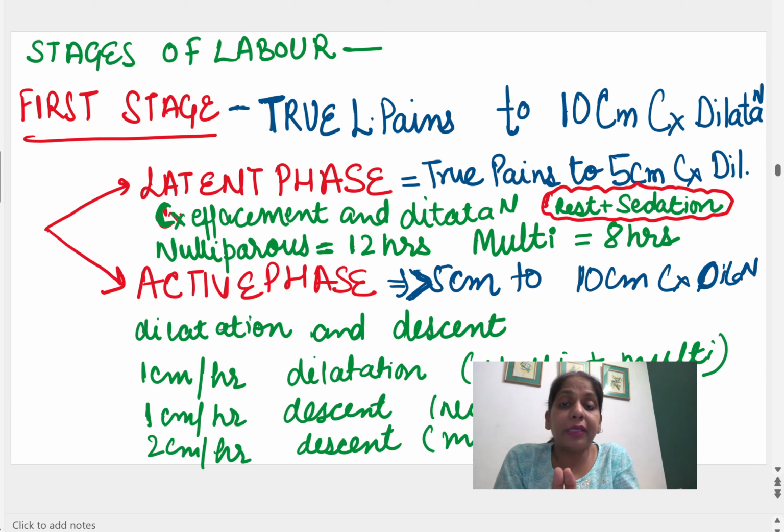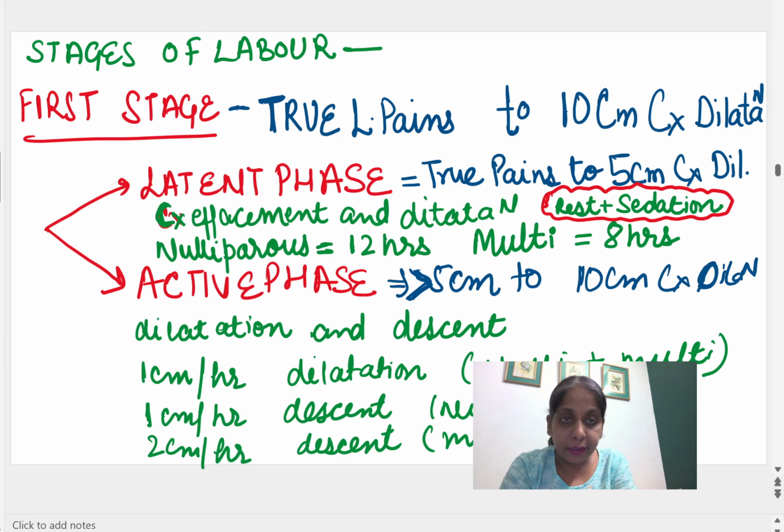What happens in the latent phase? In the latent phase, mainly there is cervix effacement and dilatation both. Cervix efface hota hai aur cervix dilate hota hai.